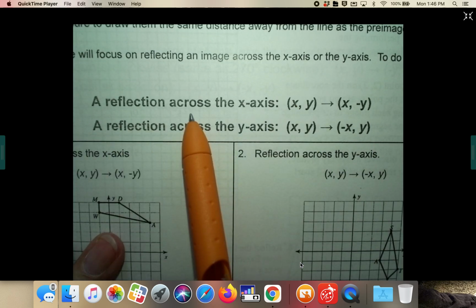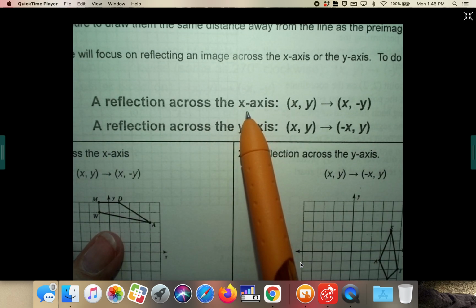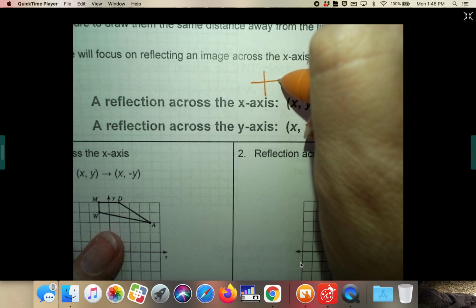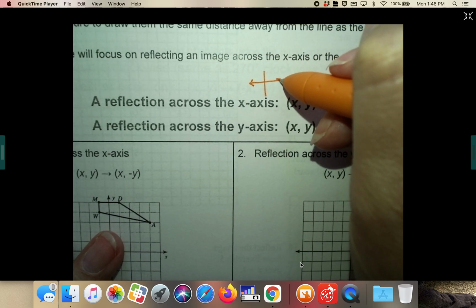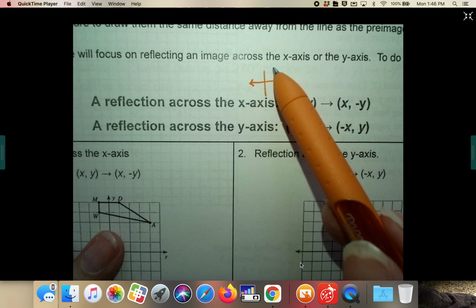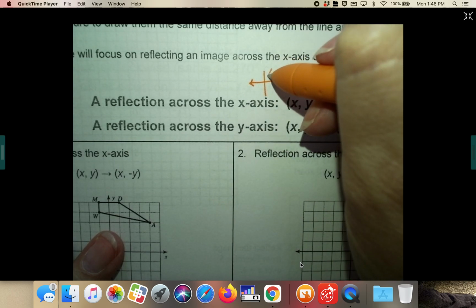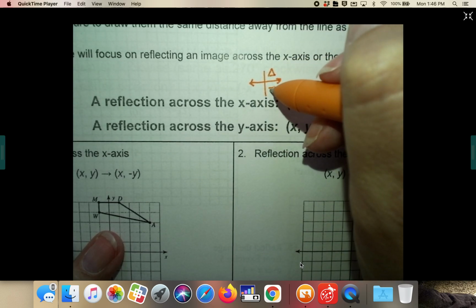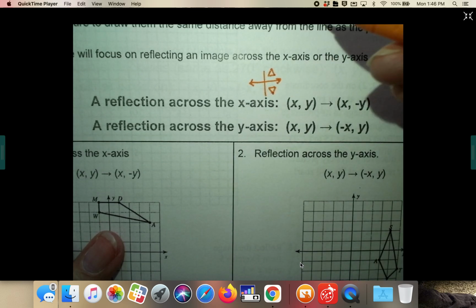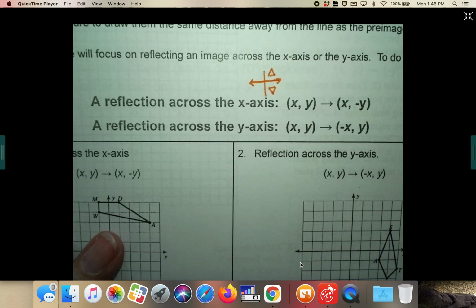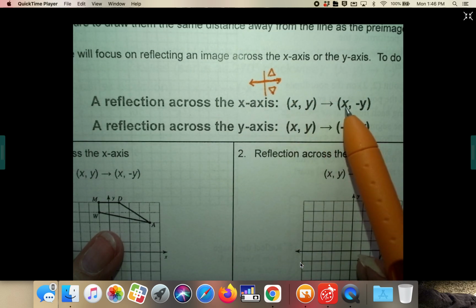So if you're reflecting across the x-axis, so really quickly, this is your x-axis. If you are reflecting across the x-axis, so if something was here and it's going to now flip down here, so you're reflecting it over the x-axis, what happens is the x actually stays the same.